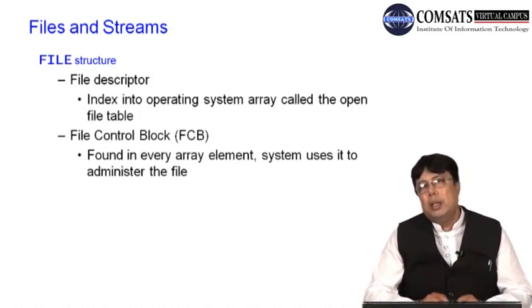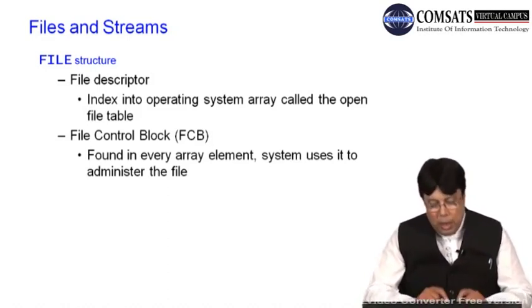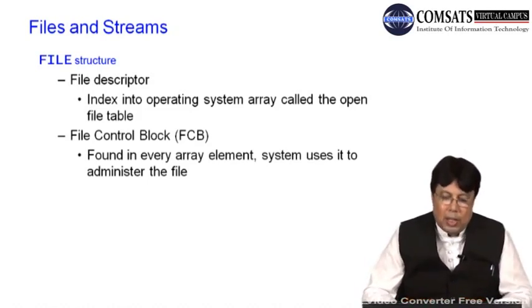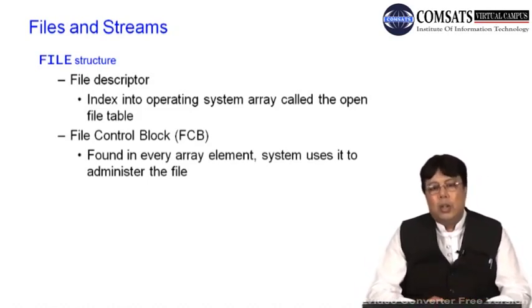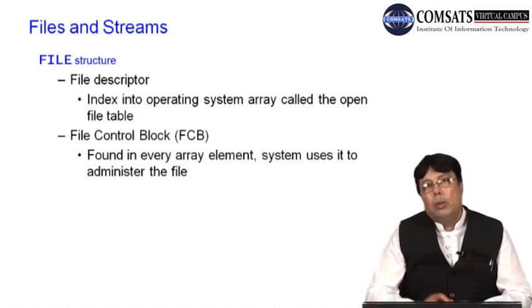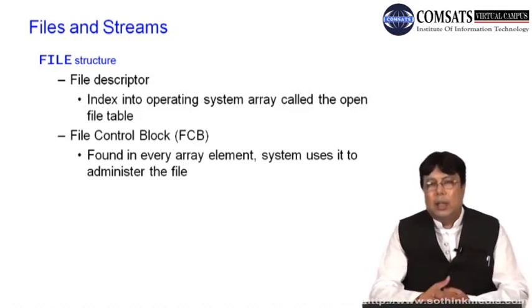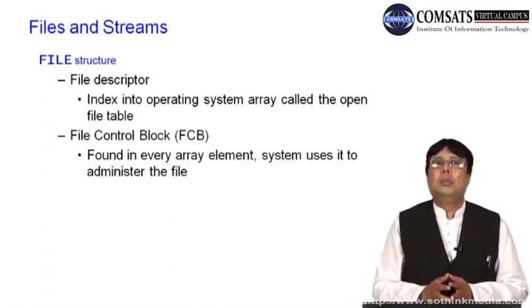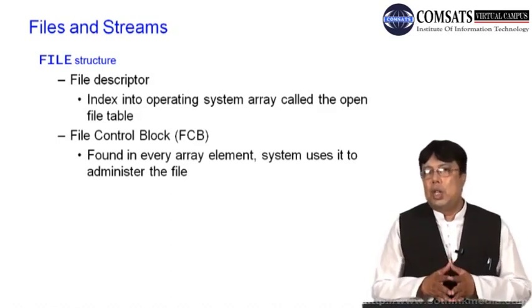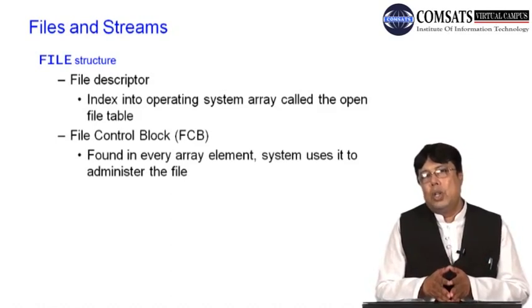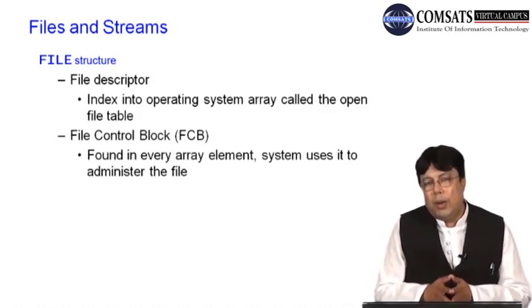But how does the operating system facilitate this? On the other side, this pointer contains the address of a table, which is a file control block. The operating system refers back to its own table, the file control block, which contains the information of the particular file you wanted to deal with.